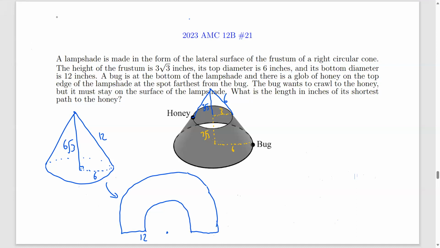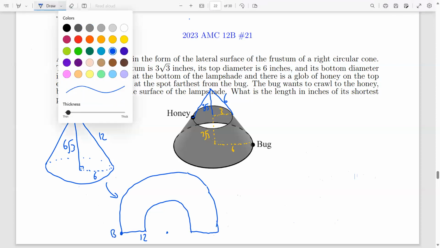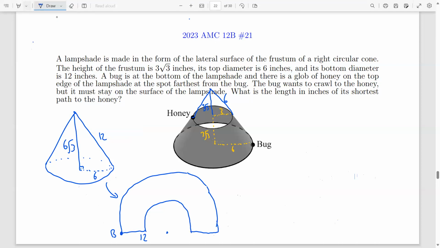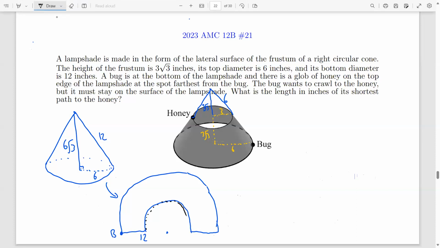Let's place the bug at one point, let's say this point right here. Now we need to figure out where the honey is relative to the bug. Clearly the honey has to be on this semicircle.